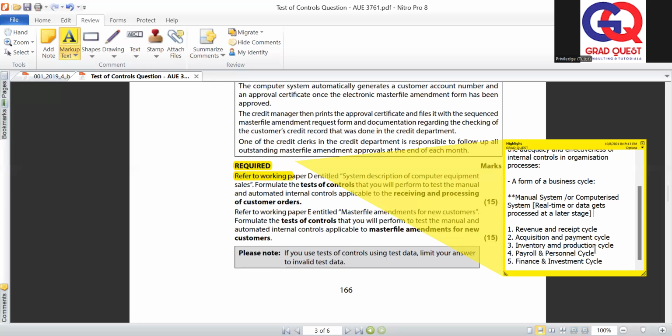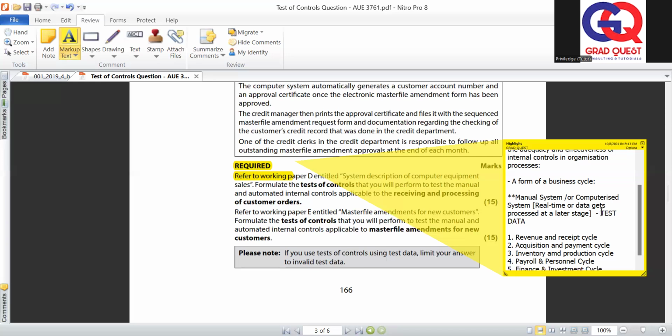So it follows that your knowledge, especially when dealing with computerized systems, of what we call test data becomes important. These are instances where you are carrying out tests of controls using test data, but it will be called invalid test data.